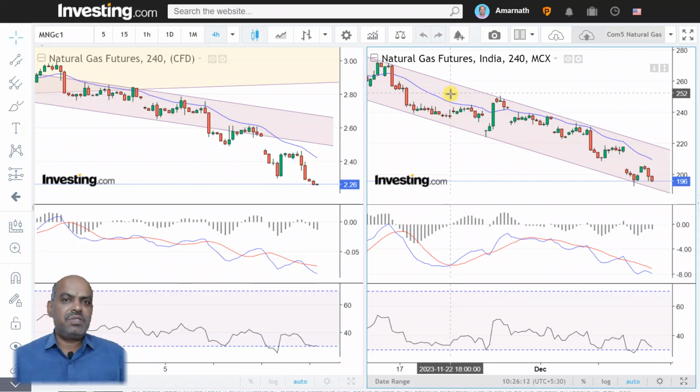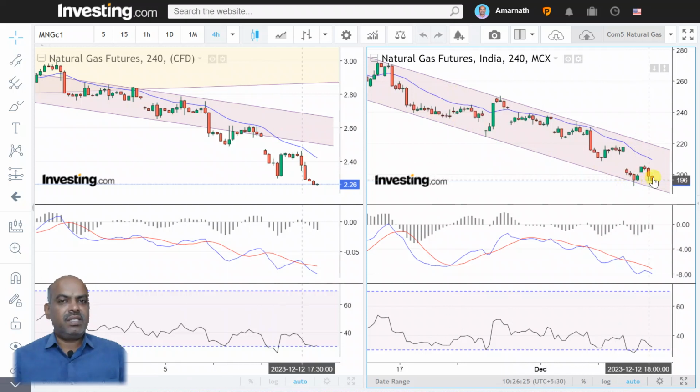It has to have a decisive close above 200 for the upper side movement, and for downside continuation, a close at 190 and below. Then only the next target on the downside is 170 in MCX and $2 in the global contract.